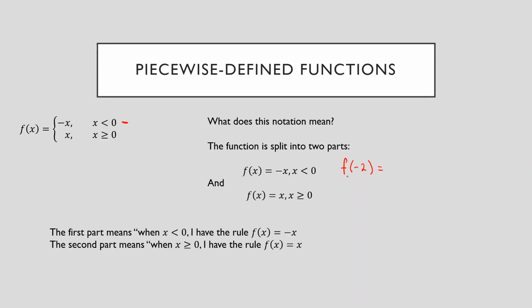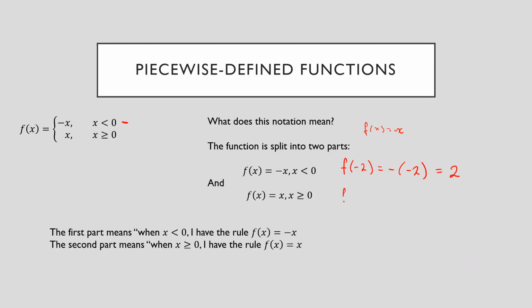So to work out f of negative 2, you'd do negative, and then replace x with negative 2. That's like saying f of x equals negative x, there's that negative here, and x is negative 2. If you work this out, you end up with positive 2.